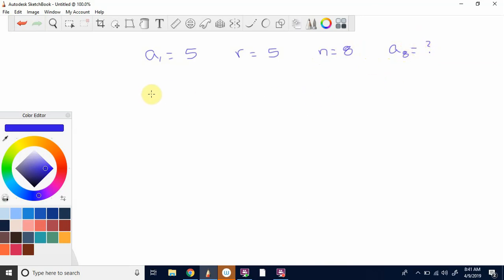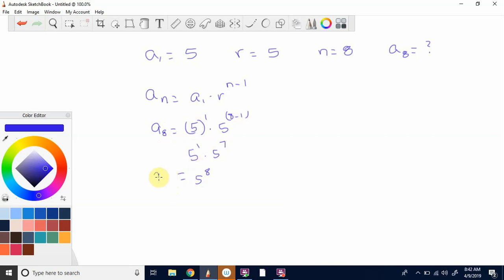All right, so we start off with our formula. a sub n equals a sub 1 times r to the n minus 1. So if we want to find a sub 8, I fill in 5 times 5 to the 8 minus 1. These are exponents, so technically you have 5 to the first times 5 to the 7th, the same base. So in this instance, you can change it using exponent rules to 5 to the 8th.